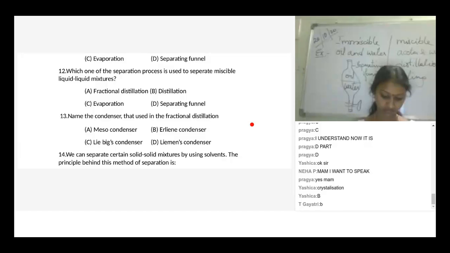C. Liebig's condenser. Am I right? What condenser is used? Ma'am, Liebig's condenser.